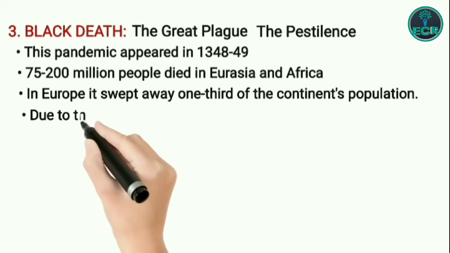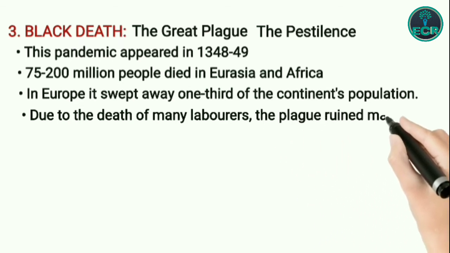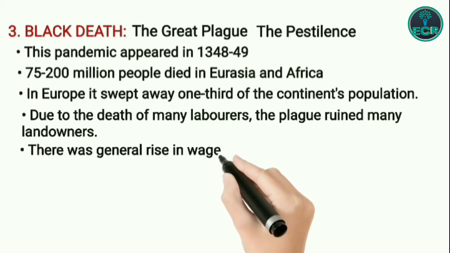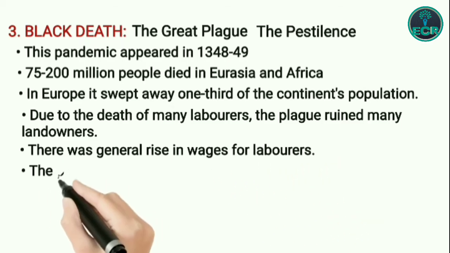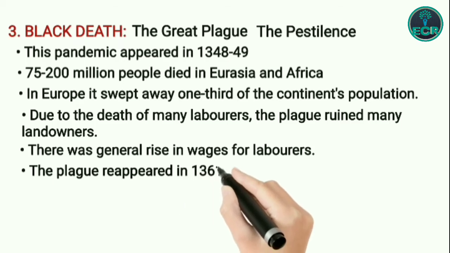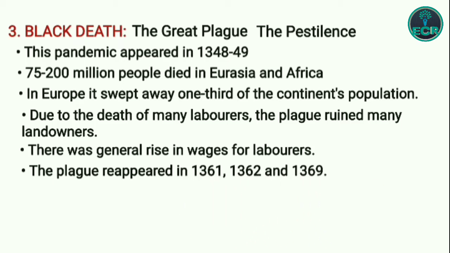Due to the death of many laborers, the plague ruined many landowners. There was a general rise in wages for laborers. The plague reappeared in 1361, 1362, and 1369, leaving the people in miserable conditions.